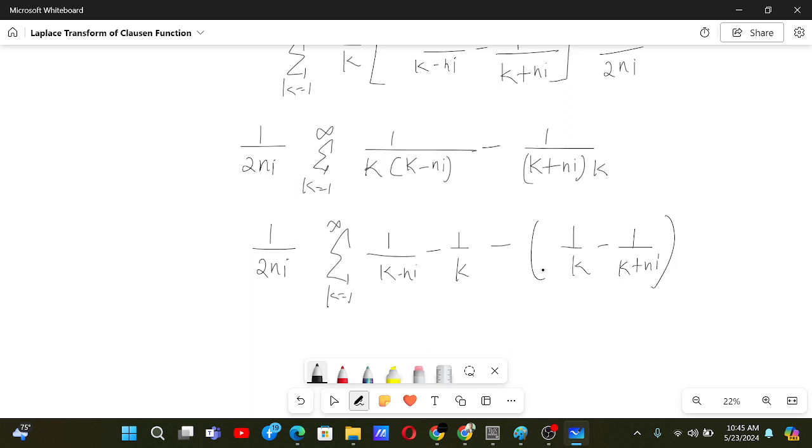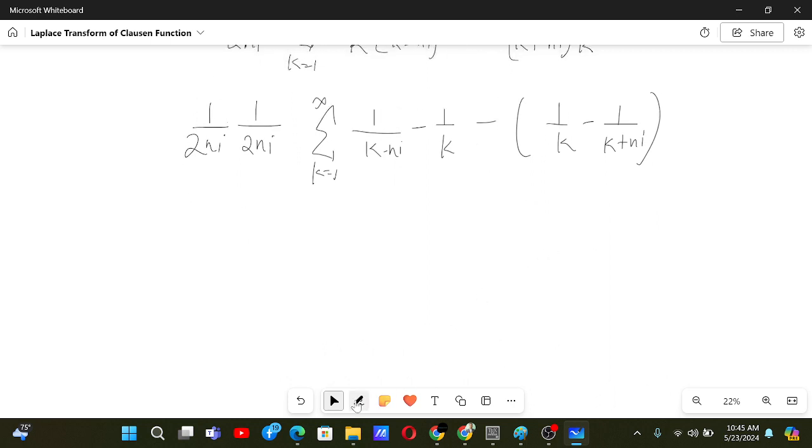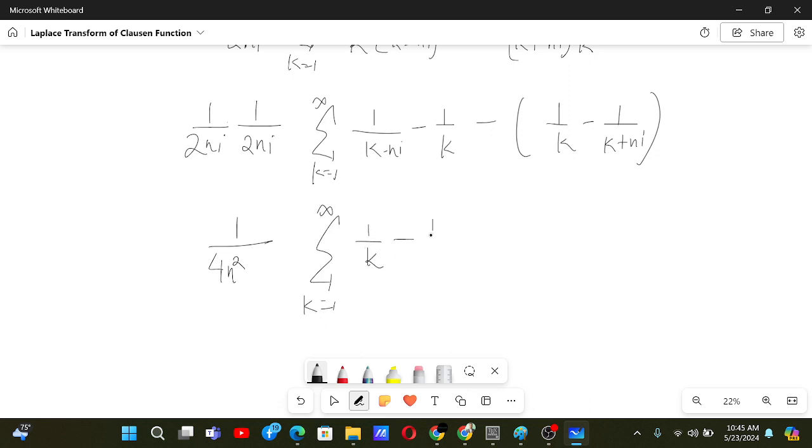Again, we introduce the 1 by 2ni over here, for the similar reason I told earlier. Now, something to notice is that over here we have 4n squared times minus 1, which can be taken inside. If we take the minus 1 inside, what we have is 1 by k minus 1 by (k minus ni), and over here the minus is plus, so 1 by k minus 1 by (k plus ni).